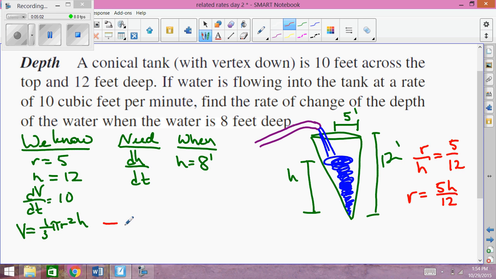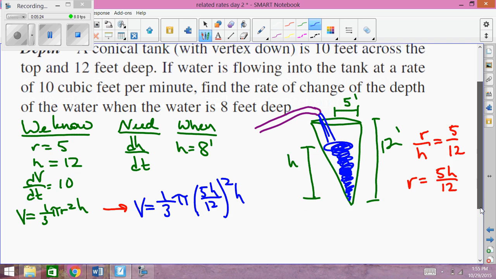Let's now rewrite our equation in terms of h. Volume equals one third pi times (5h over 12) squared times h.